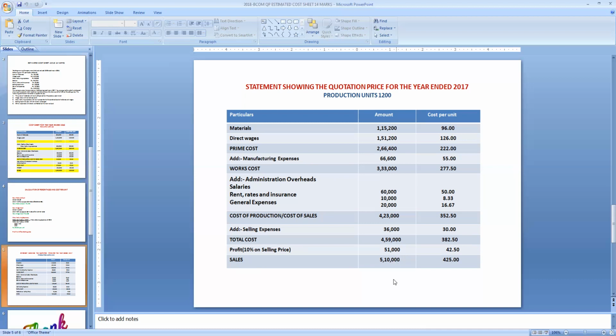Then if we add it to the cost, the total sales value for the year 2017 is 5,10,000. Per unit will be 425 rupees. Then the per unit profit comes to 42 rupees 50 paisa. So this is how we need to calculate the statement for the quotation price for the year 2017 for the production units of 1,200.